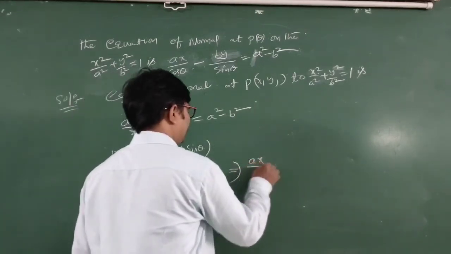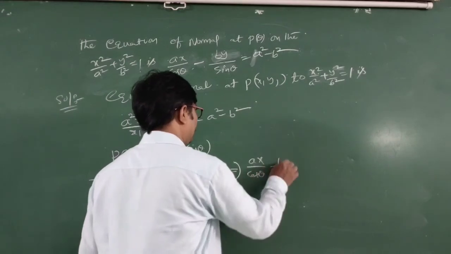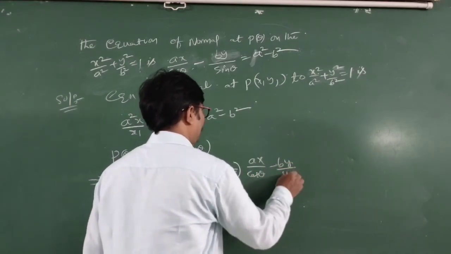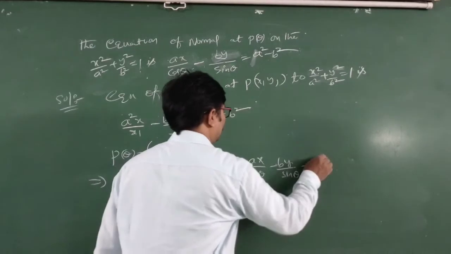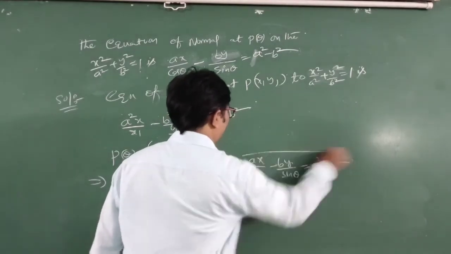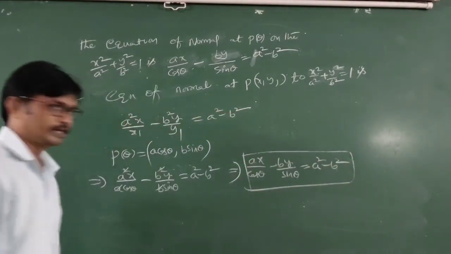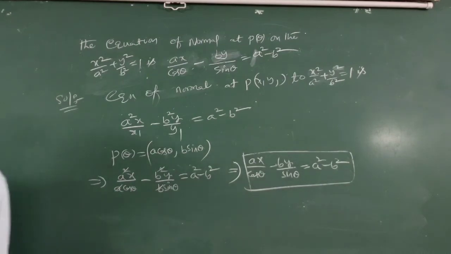Now we get ax by cos θ minus by by sin θ equal to a² minus b².